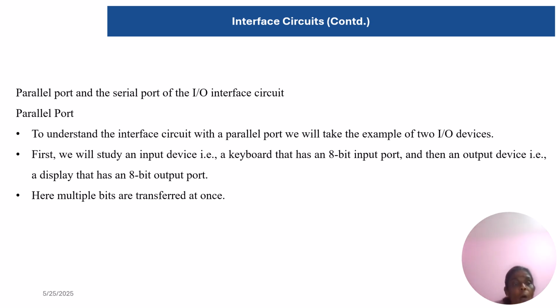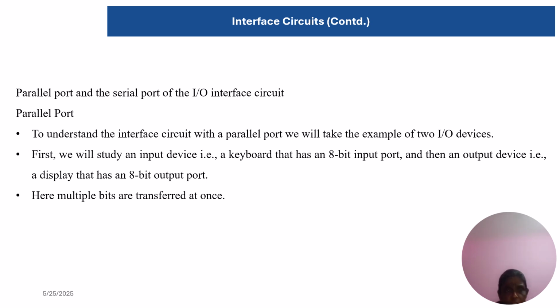So first one, the parallel port and the serial port of the I/O interface circuit. These are the ports through which the I/O devices are connected through the interface circuit to the processor, as I have told. So now we have to talk about these ports. These ports are categorized as serial ports and parallel ports.